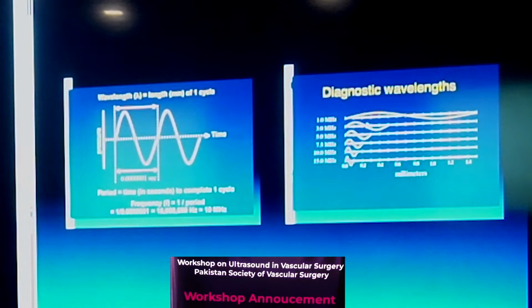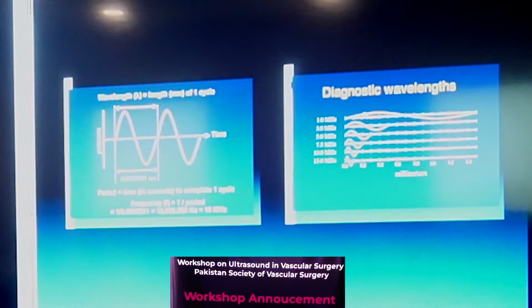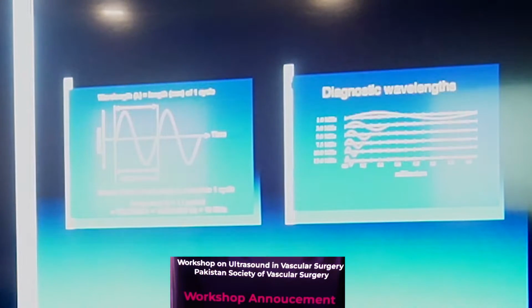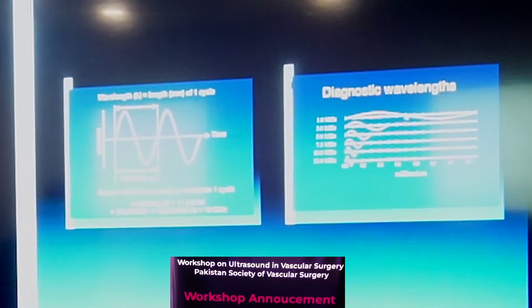And an important fact: the higher the frequency, the shorter the wavelength, and the lower the frequency, the longer the wavelength. So low frequency probes have more penetration, and high frequency probes have less penetration.